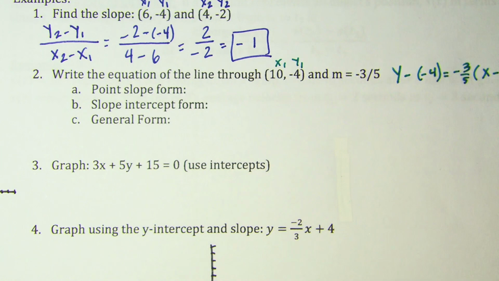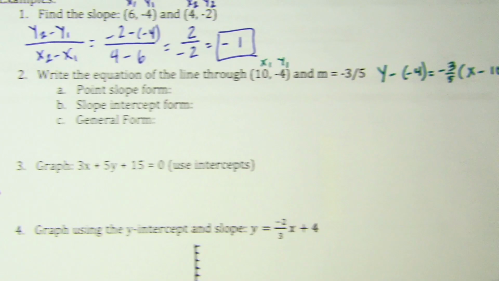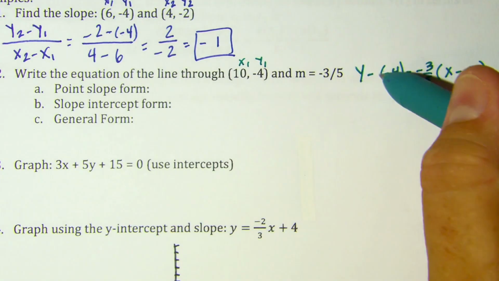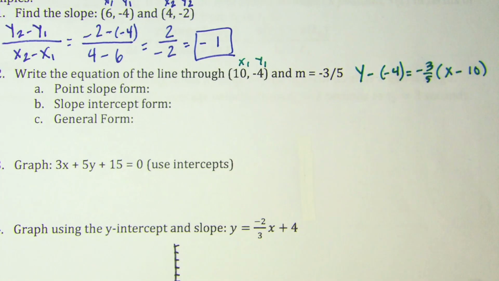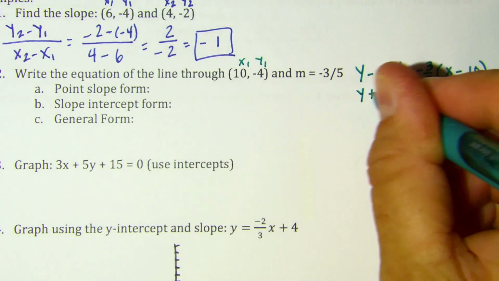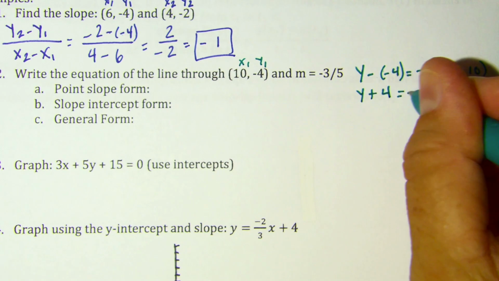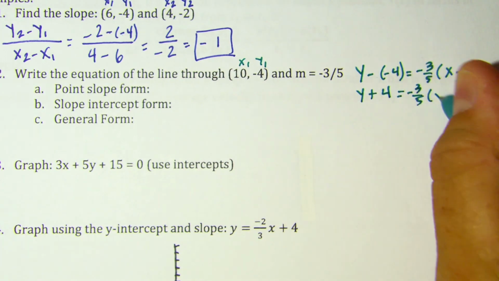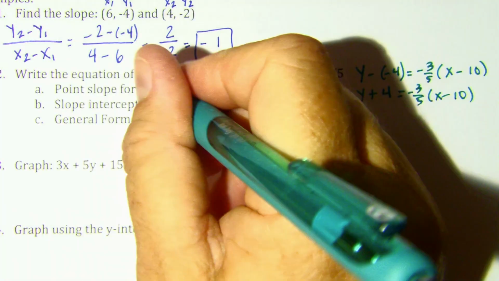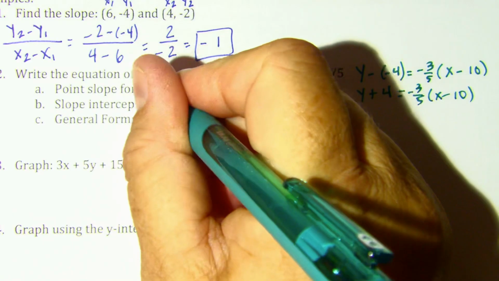So the only simplifying I need to do here to get it into the correct form is to make this a positive here. A negative times a negative is a positive. So y plus 4 equals negative 3/5 times x minus 10. And that's point-slope form. So I'm going to go ahead and write it over here.